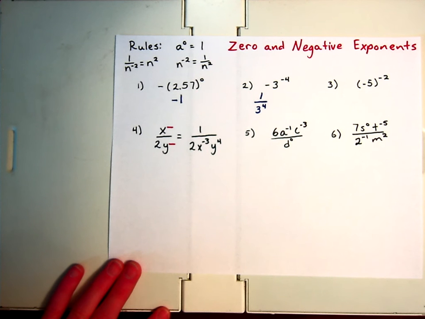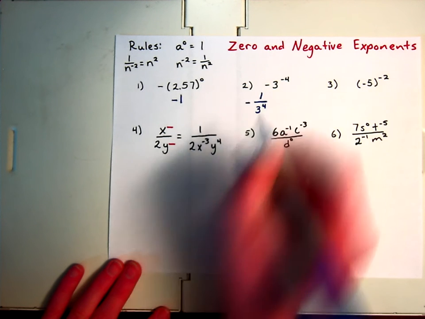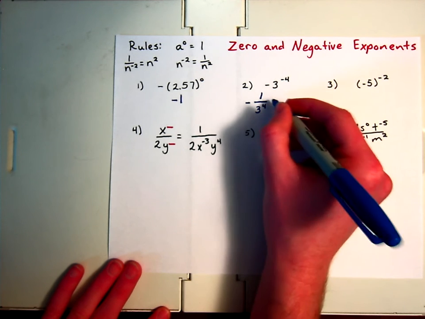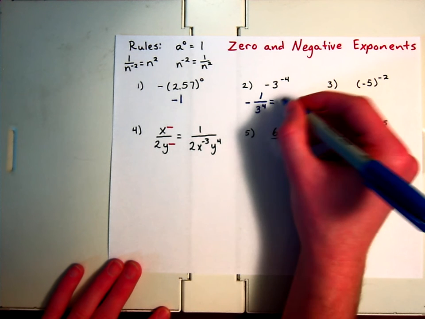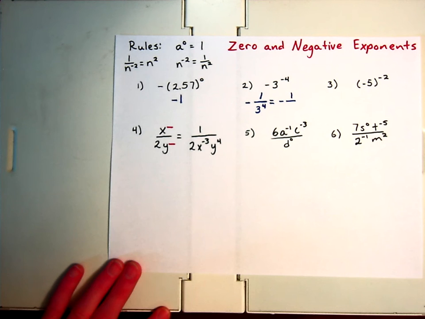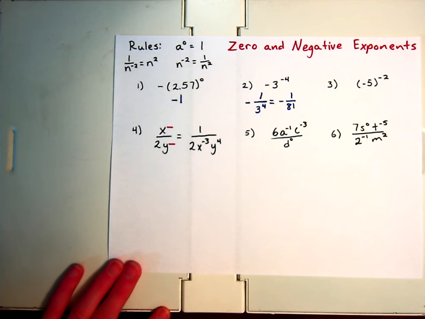And since that negative sign is not in parentheses, we can just put it out in front of our fraction. So right now it is negative 1 over 3 to the 4th power. We could simplify this, since 3 to the 4th power is something we can accomplish. 3 to the 4th power is 81. So for that problem, we get negative 1 over 81.